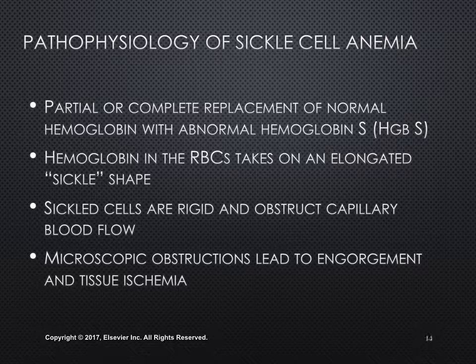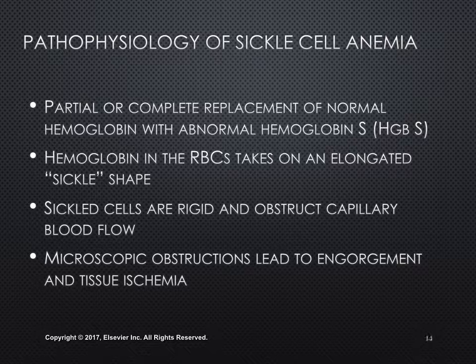So it's not that they're constantly having this obstruction of capillary blood flow, but the potential for it is there at all times, because these sickled cells don't pass through the capillaries as well as the normal rounded shape of the RBCs.